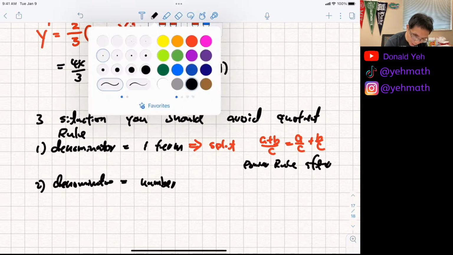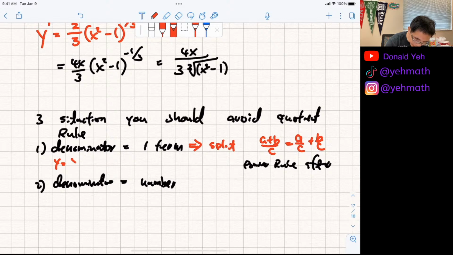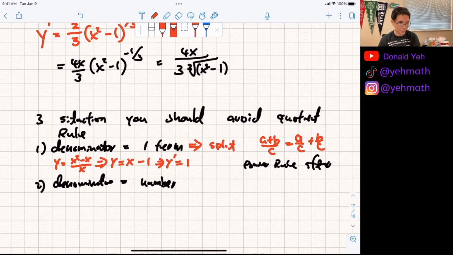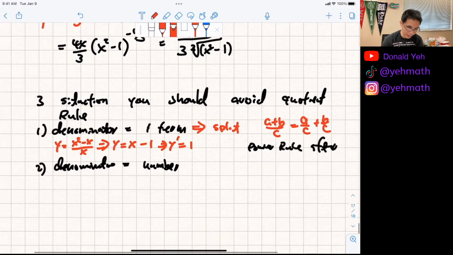For example, if you have y equals x squared minus x over x, I can split this into x minus 1, and I can say y prime is equal to 1. A simple thing to do a derivative: just split them instead of dealing with the quotient rule. You don't have to deal with the headache.